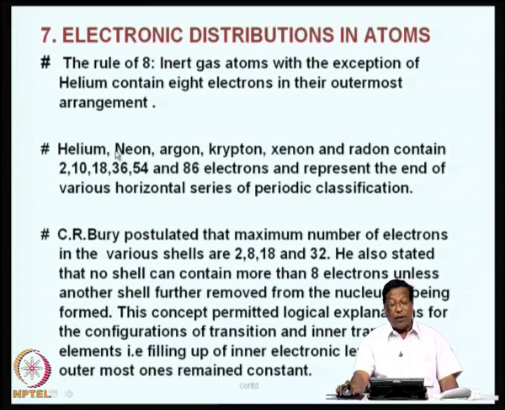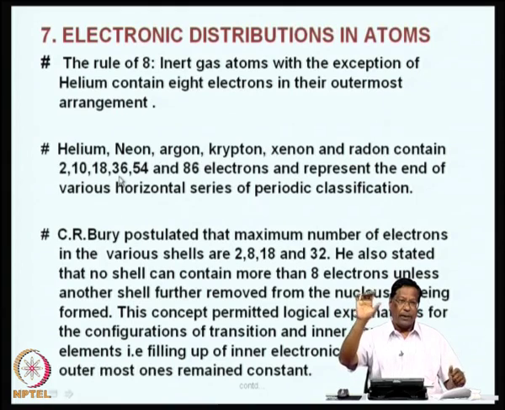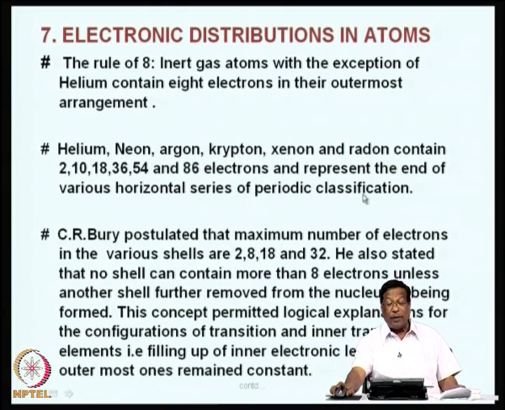Helium, neon, argon, krypton, xenon and radon. These are known as inert gases, which you see in the periodic table, which we will also see at the end of this class, and they contain 2, 10, 18, 36, 54 and 86 electrons, and represent the end of various horizontal series of periodic classification of the elements.